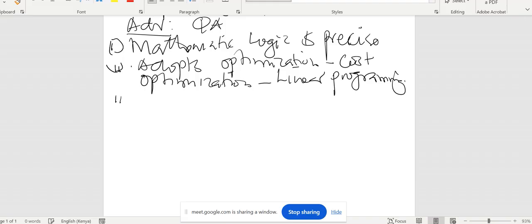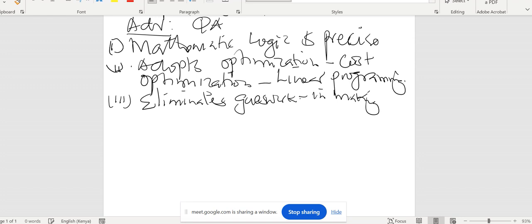Then lastly, the other advantage of QA or quantitative analysis, it eliminates guesswork. How? It eliminates guesswork in making decisions.